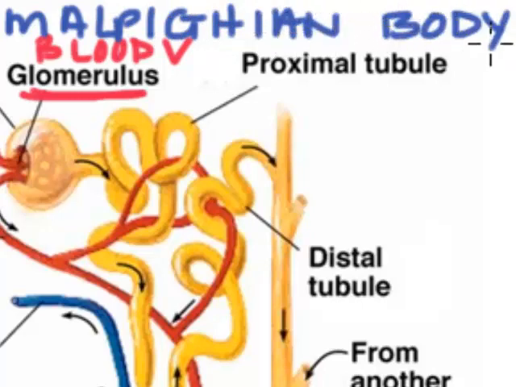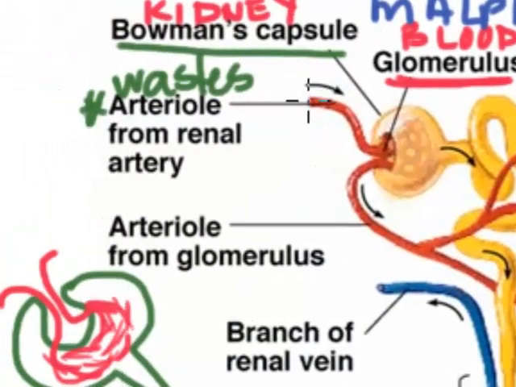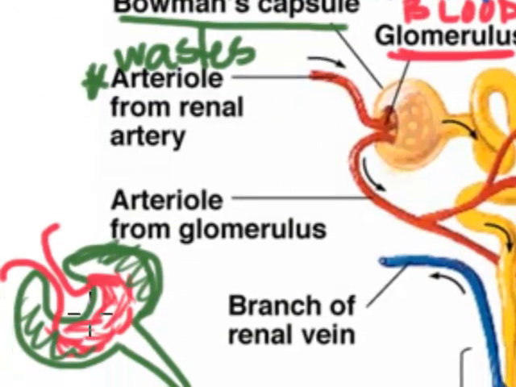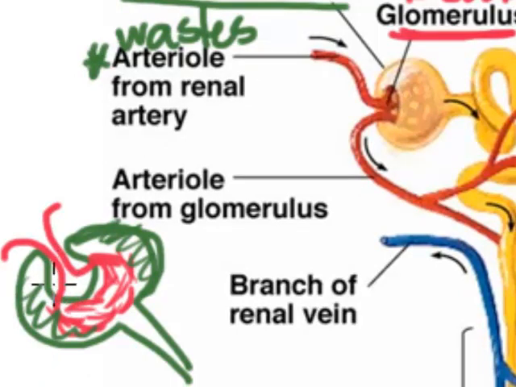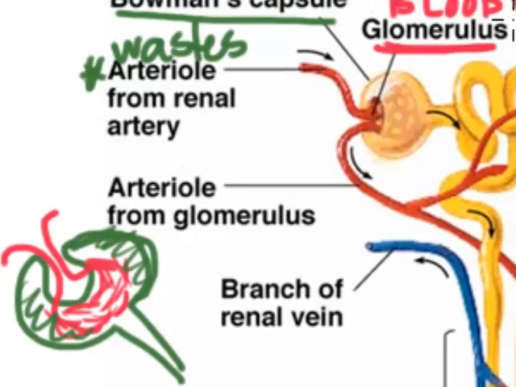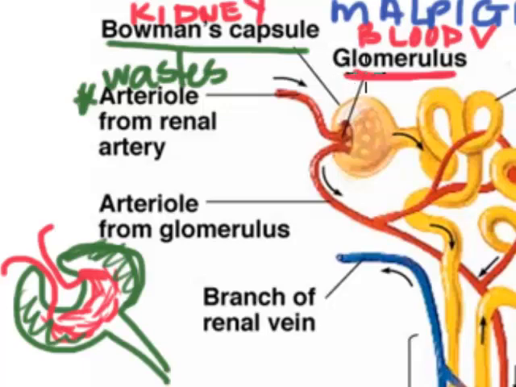So the Malpighian body is made up of kidney tissue, the Bowman's capsule, the whole capsule, which is kidney tissue, and in this little cup-shaped structure, we've got blood vessel tissue, and that artery capillary network is known as the glomerulus.